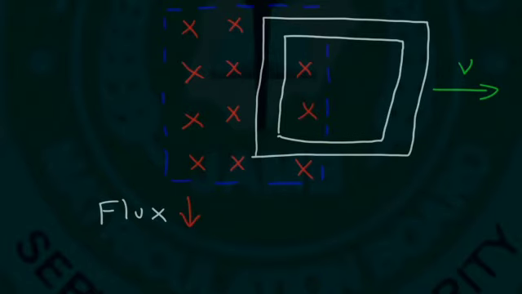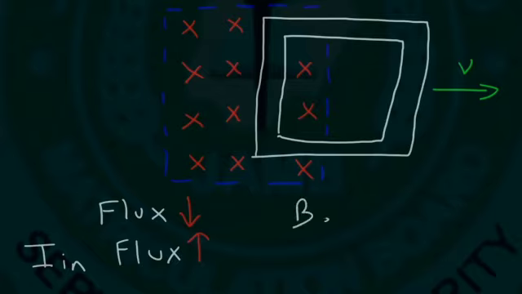Now, if the magnetic flux is decreasing, an induced current will be created in such a way to increase the flux. If the flux is decreasing, according to Lenz's law, it wants to oppose the change in flux. So it wants to increase the flux. The only way to increase the flux is to support the magnetic field.